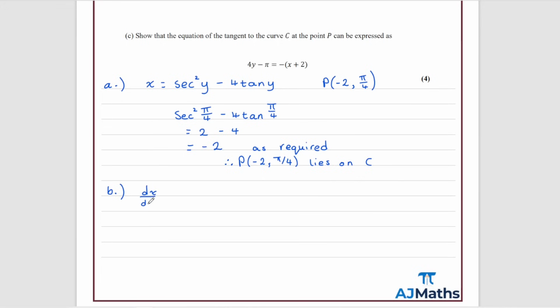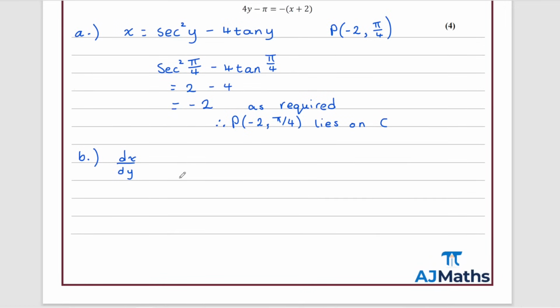So dx by dy then. We're going to go term by term here. So I've got sec squared y. Obviously this requires the use of the chain rule. So what I'm going to get here is 2 sec y, and then we times this by sec y tan y. So that's my first term complete.